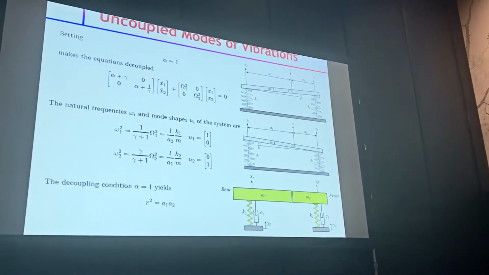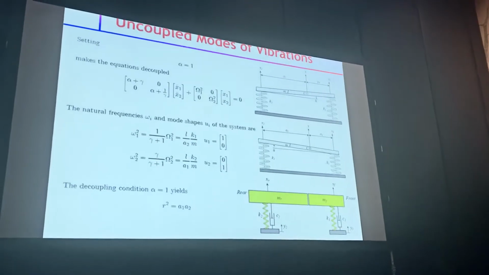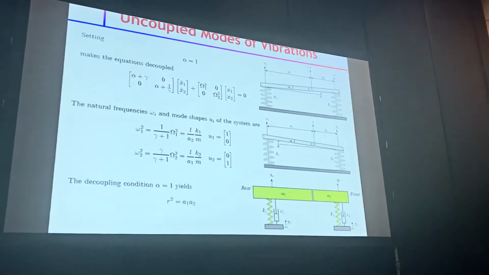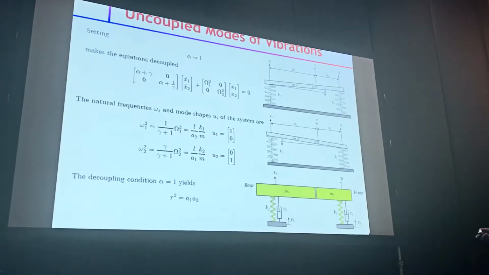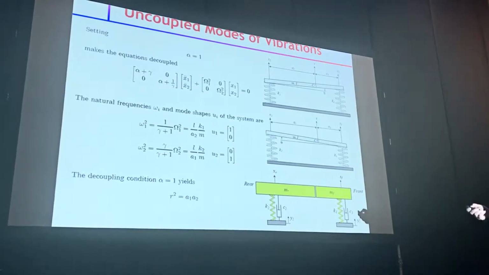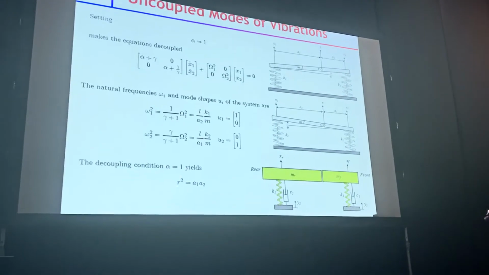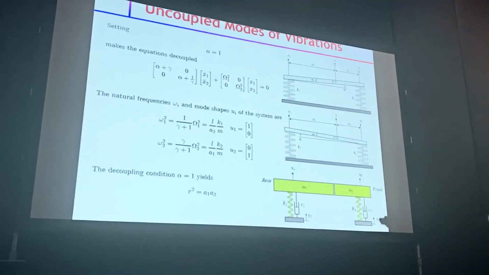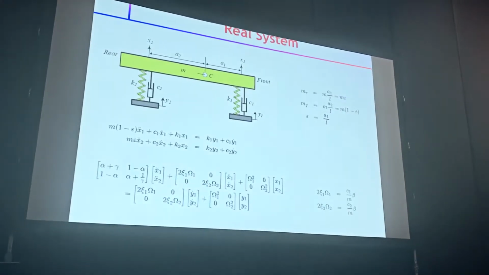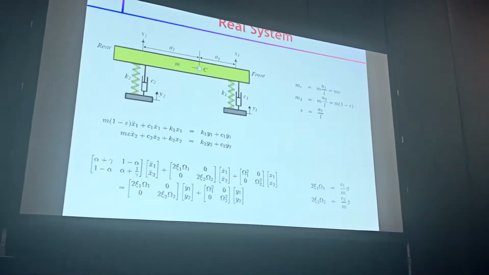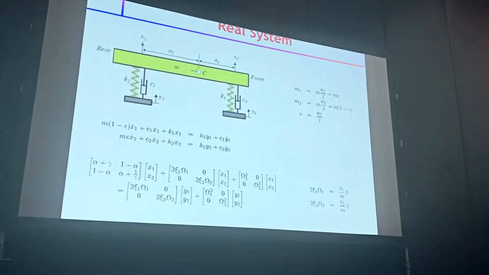So it makes the system independent, but still we don't have flat ride. There are some other conditions that we have to introduce. But anyway, the first recommendation of Ole comes to our equation, alpha equal to 1, or R squared equal to A1, A2. Very interesting. Let's move on and see what we can do for better understanding of flat ride.